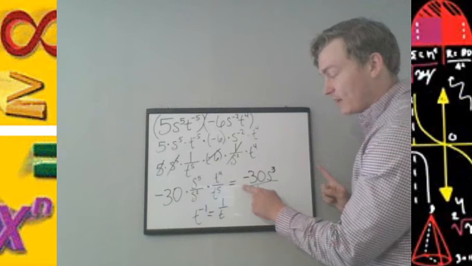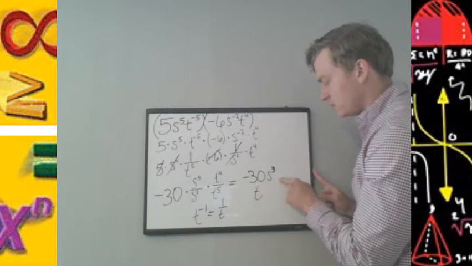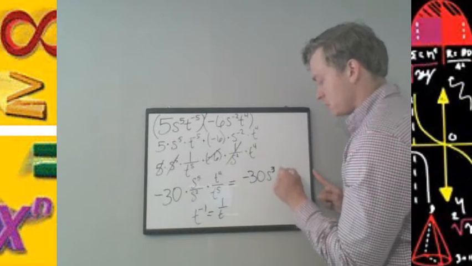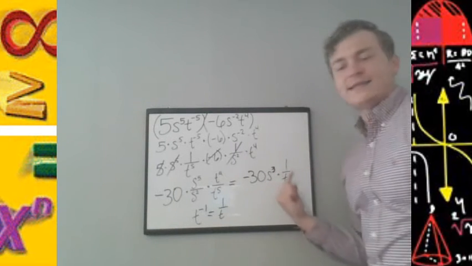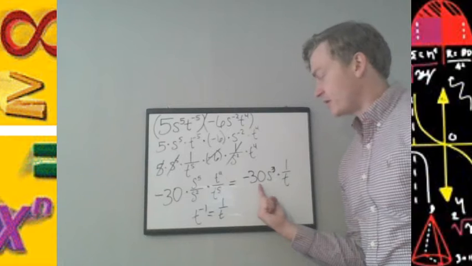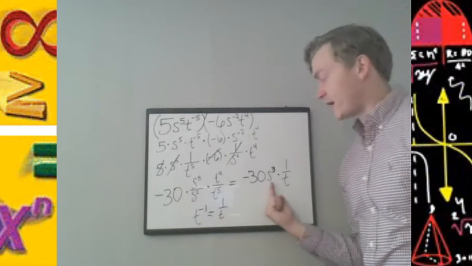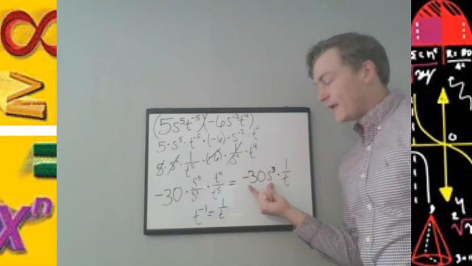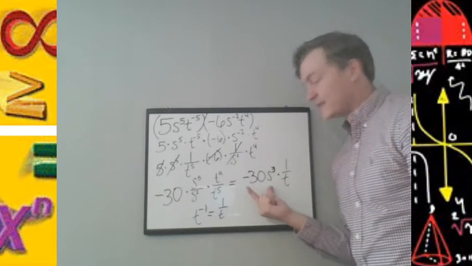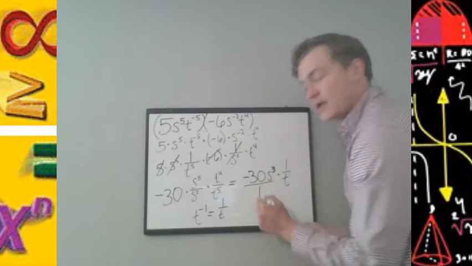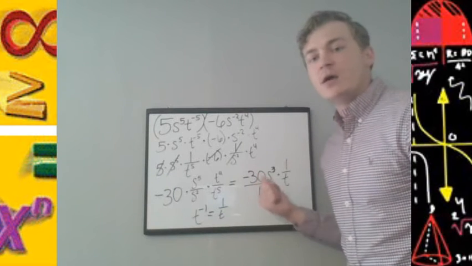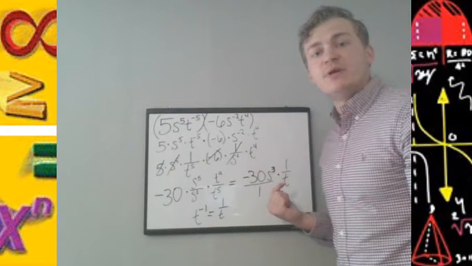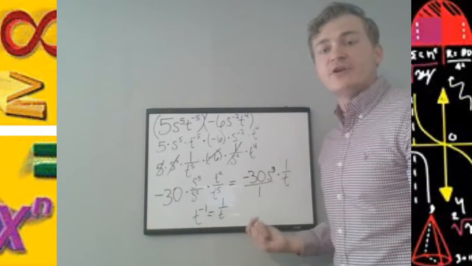If we don't write it out like this, if we don't think of it like that, then when we get to this step at least, here's your negative 30, multiplying your s cubed, multiplying your 1 over t. Well, any number times a fraction, this number here can be understood as being over 1. Any number divided by 1, you're just going to get back that number. Negative 30s cubed divided by 1 is simply negative 30s cubed.